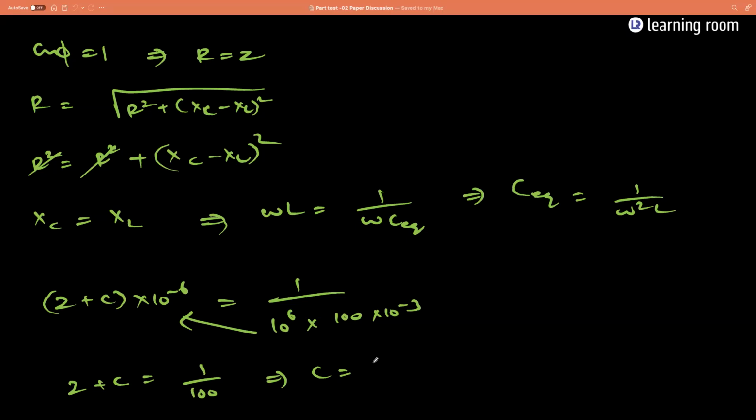Then it should be 10. So C should be equal to 10 minus 2. It should be 8 microfarad. I think 10 is the answer. Yeah, 8 microfarad is the answer.